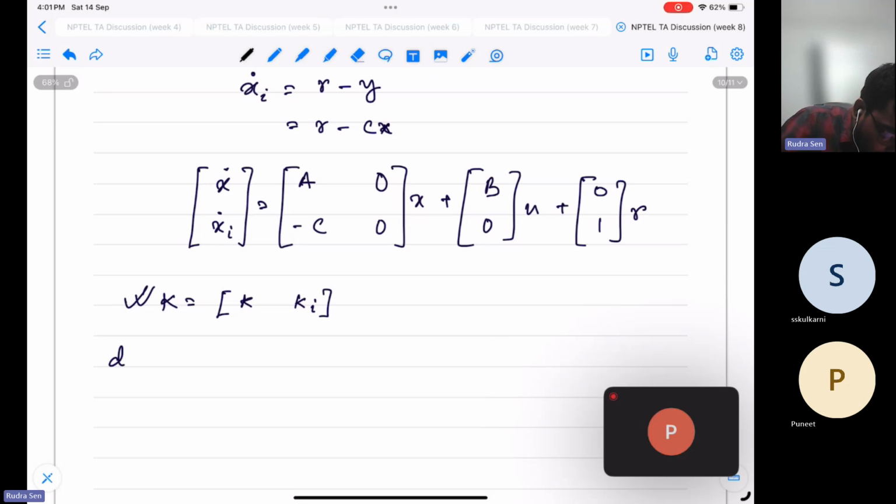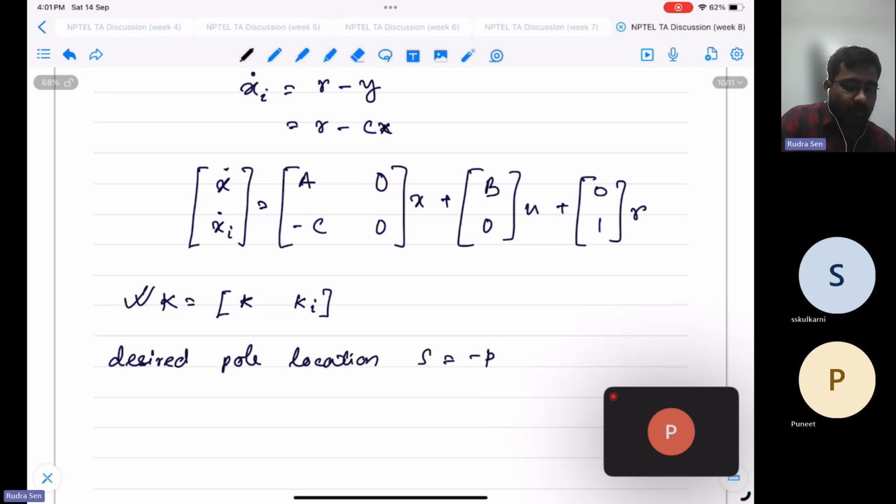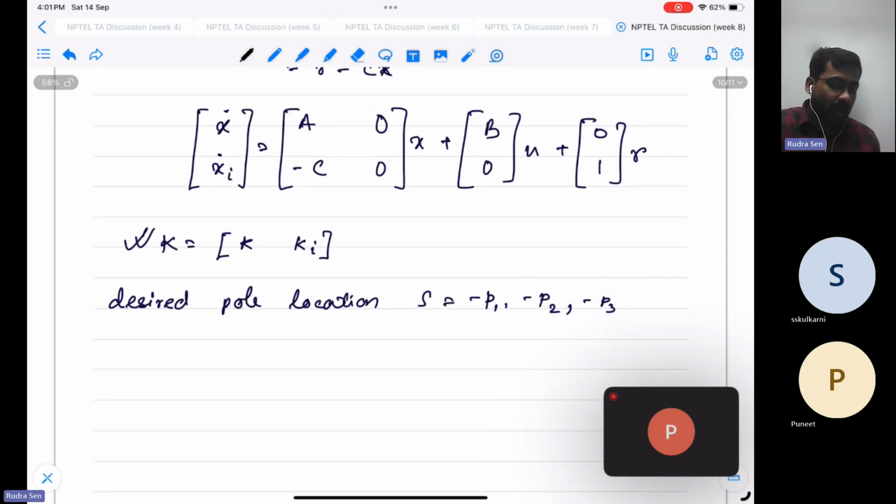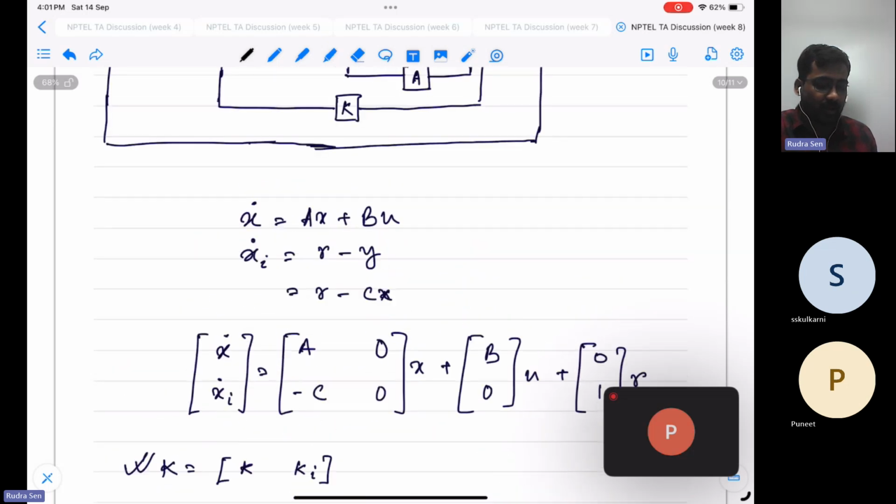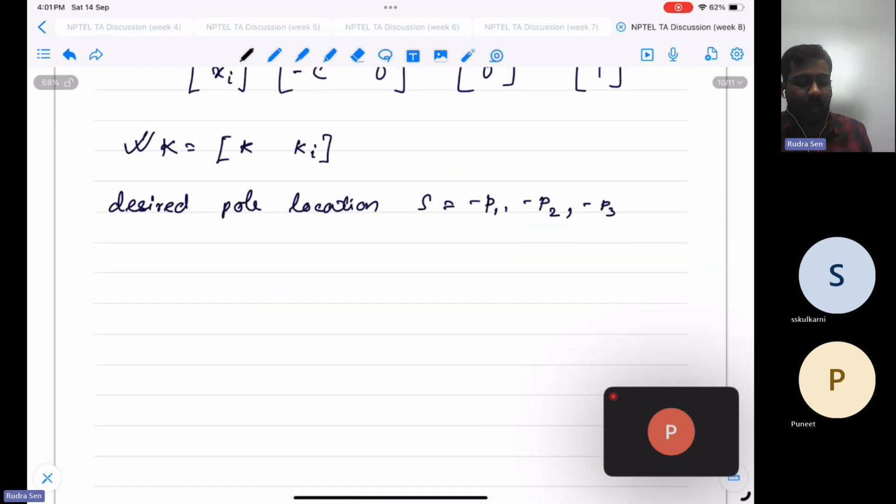I am giving my desired pole location somewhere. Let's say s equals minus p1, minus p2, and minus p3. I'm giving this desired pole location and using Ackermann's formula, because here you can see that the input is 1, so you can directly use the Ackermann formula.